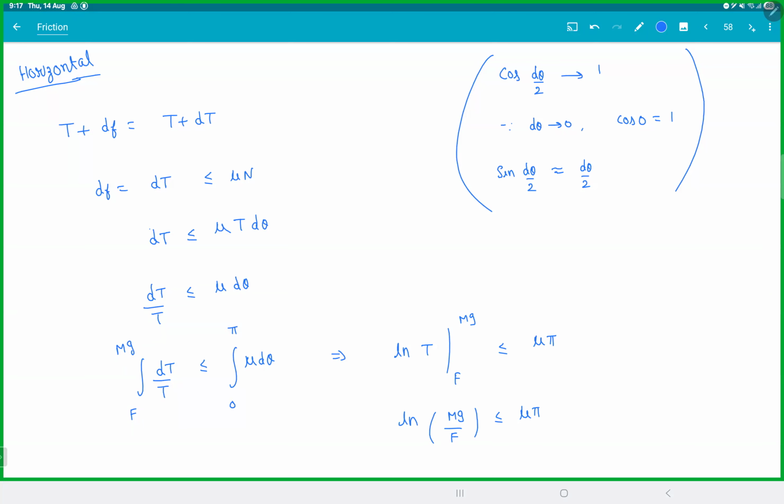So I'll do one thing. Let me write it in terms of general form. If you take 0 to theta, and this side if you take it as F and mg, let's put pi, doesn't matter.